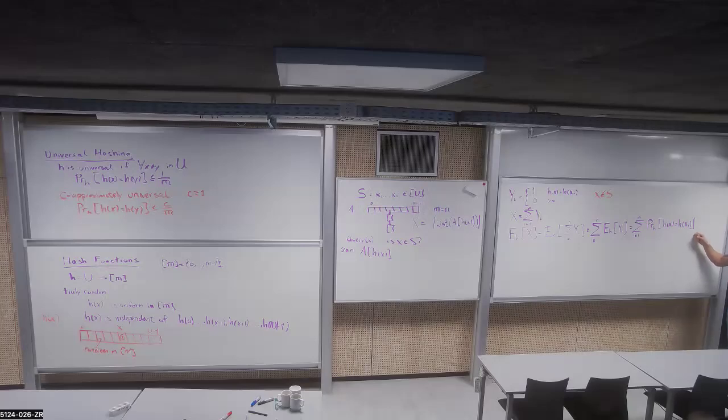We don't need true randomness to continue from here. So let us use the C approximate just to use the weakest guarantees. Then this is less than or equal to the sum from 1 to n of C over m, and this is just n C over m.